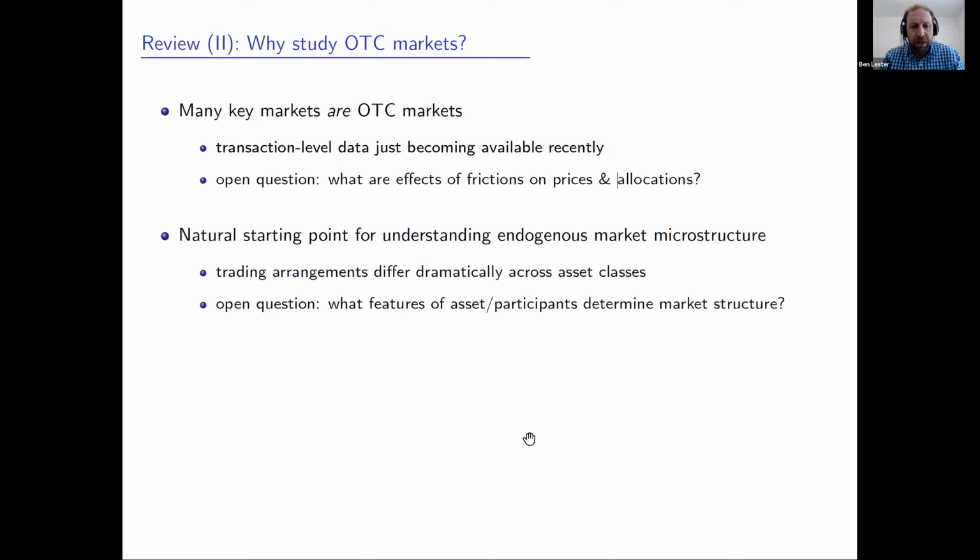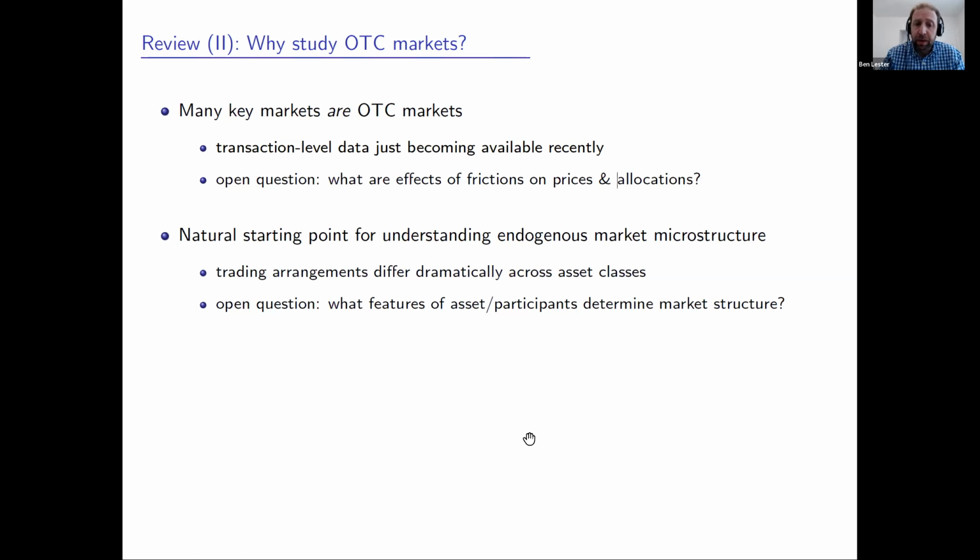But somebody last week asked the question, what is it about assets, where you could extend that question even further, what is it about the participants in a market, the assets being traded, that make different markets end up looking quite different?